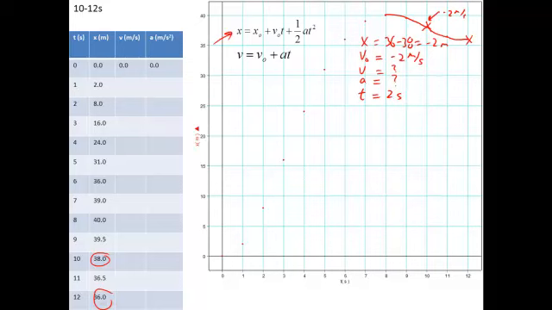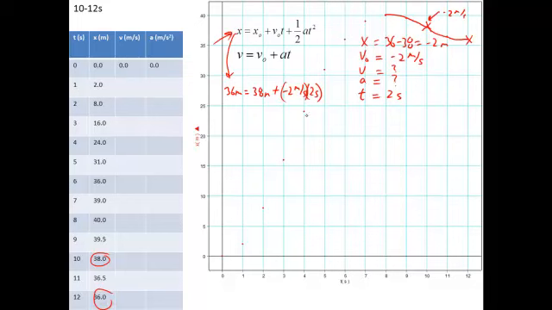So if I plug this into my equation of x is equal to x initial plus v initial t, I would get 36 meters is equal to 38 meters plus v initial, which in this case is negative 2 meters per second times the time of 2 seconds. I'm going to run out of space here.